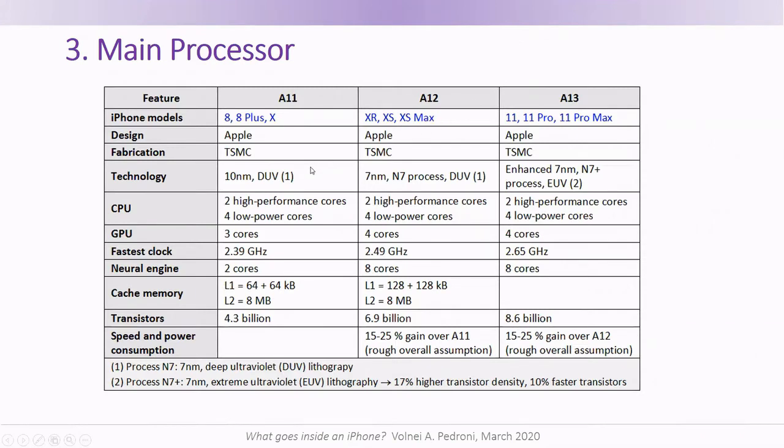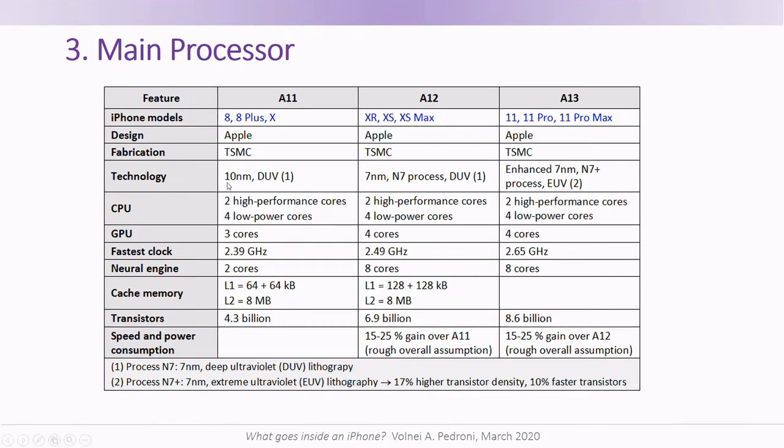This table summarizes the main parameters of the newest 3 iPhone processors, A11, A12, and A13. It was designed by Apple in all 3 years. It was fabricated by TSMC, and the technology employed by TSMC was 10 nanometers, then 7 nanometers in a process called N7, and finally an enhanced 7 nanometer version in a process called N7 Plus.